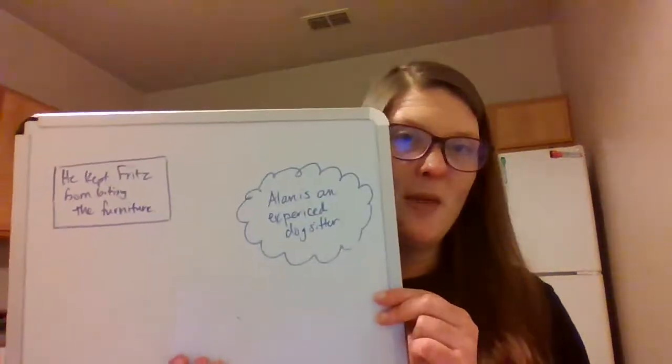The first thing was he kept Fritz from biting the furniture. So that was my first clue that this is not the first time he's done this before. So I wrote that there.